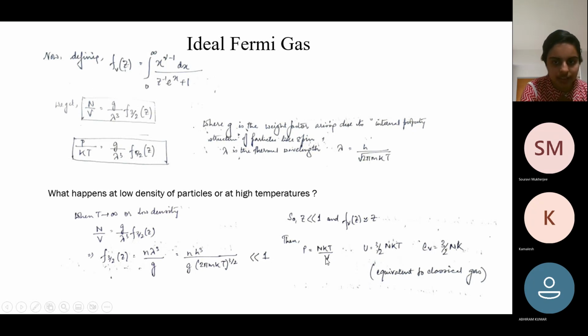These expressions are exactly equivalent to the classical ideal gas case, as we had done previously. So this again tells you that in the limit of nλ³/g very, very less than 1, we go back to the classical limit, right?